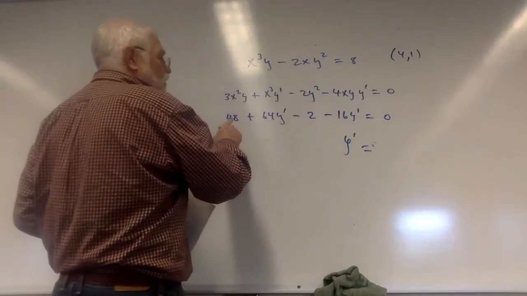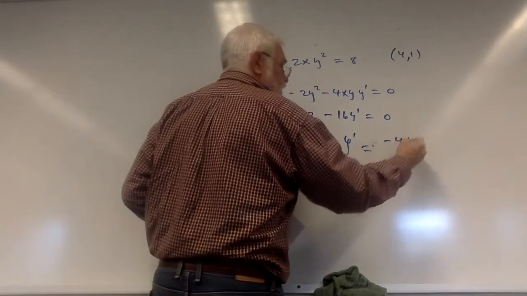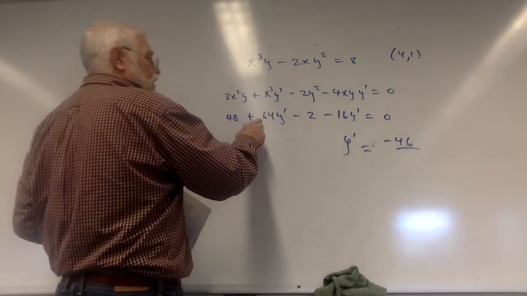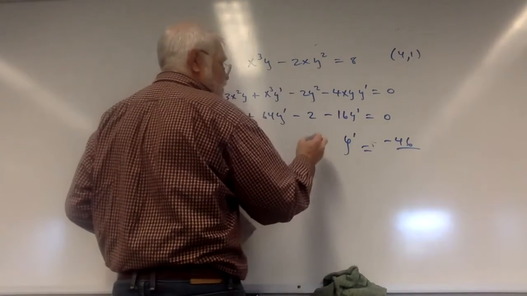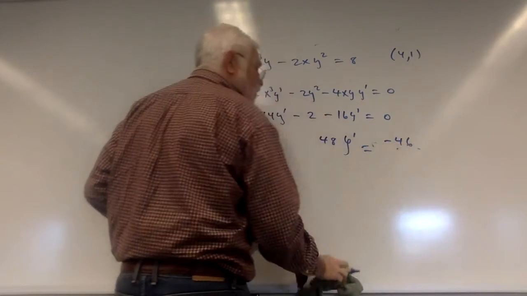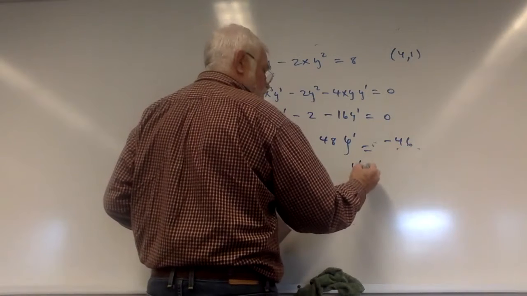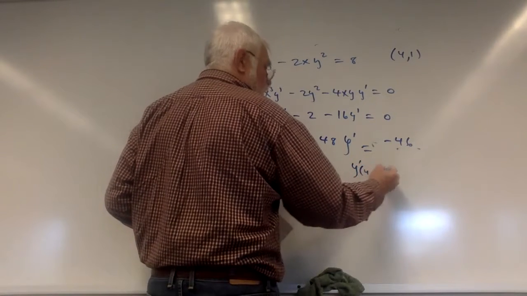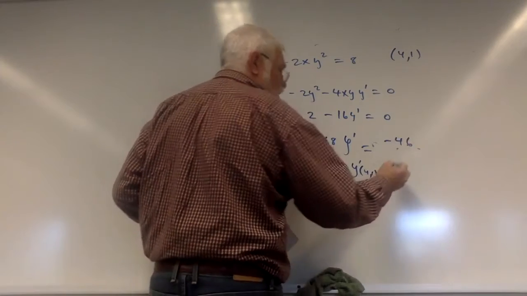So y prime is 48 minus 2, 46. So this is negative 46 on this side. And I got 64 minus 16. So why don't I do that right here? So that's 48 y prime. So what is y prime? Y prime at 4, 1 is equal to minus 46 over 48, minus 23 over 24.